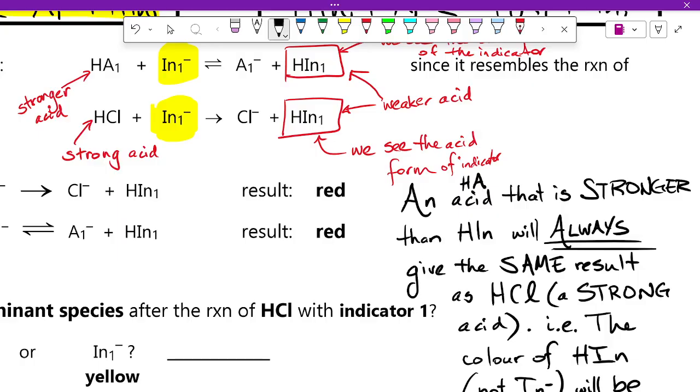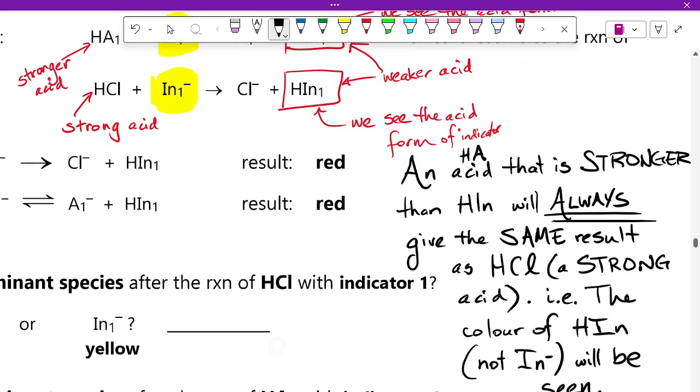I'm using so many words here. It irritates me, but there we are. Okay, so if you have an acid, HA, that is stronger than HIn, you're always going to get the same result as HCl. HCl is a strong acid.